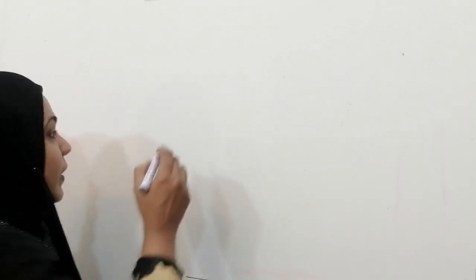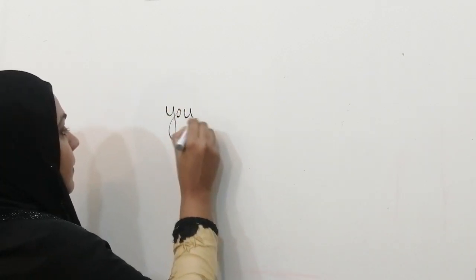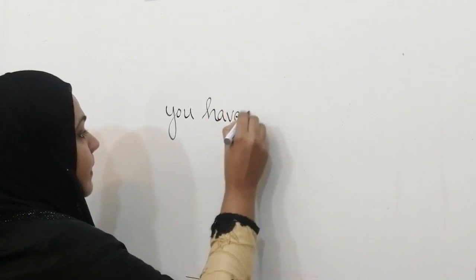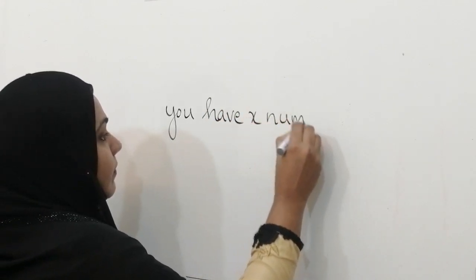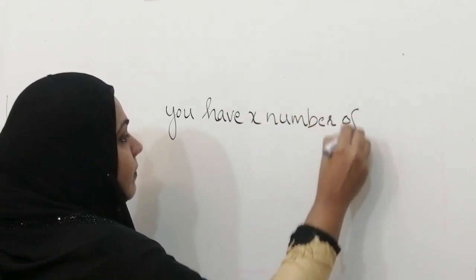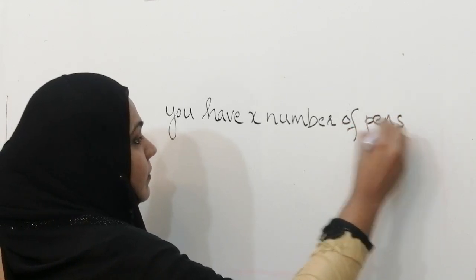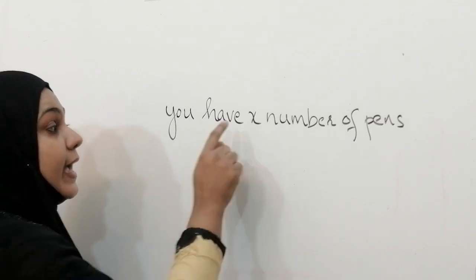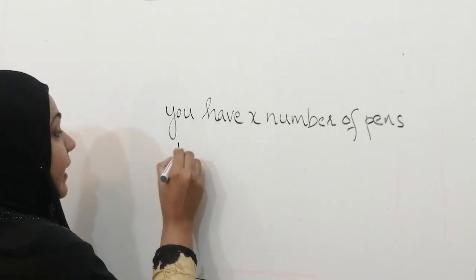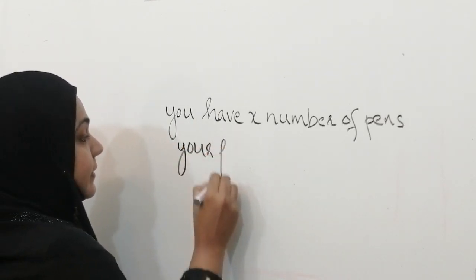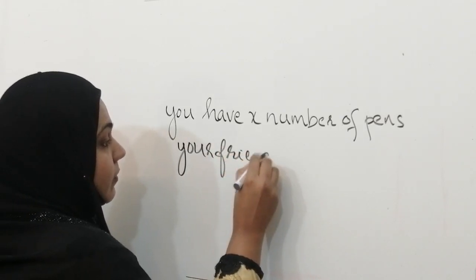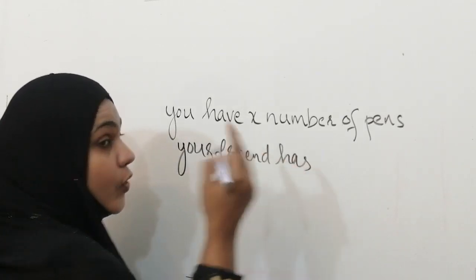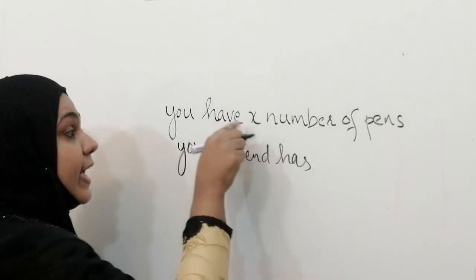For example, you have X number of pens. Your friend has 4 fewer pens than you have. So we can write, your friend has 4 fewer pens than you have.